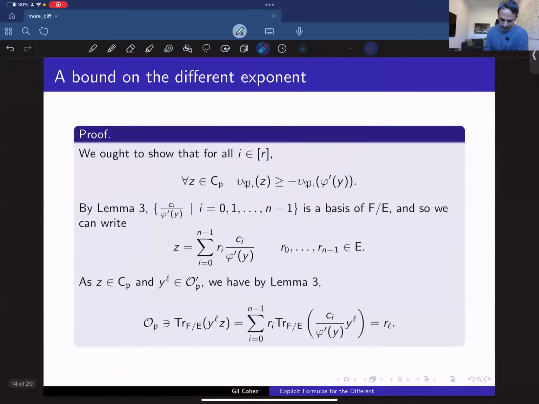So by lemma 3, we know that this is a basis of F over E, even the dual basis of some basis.